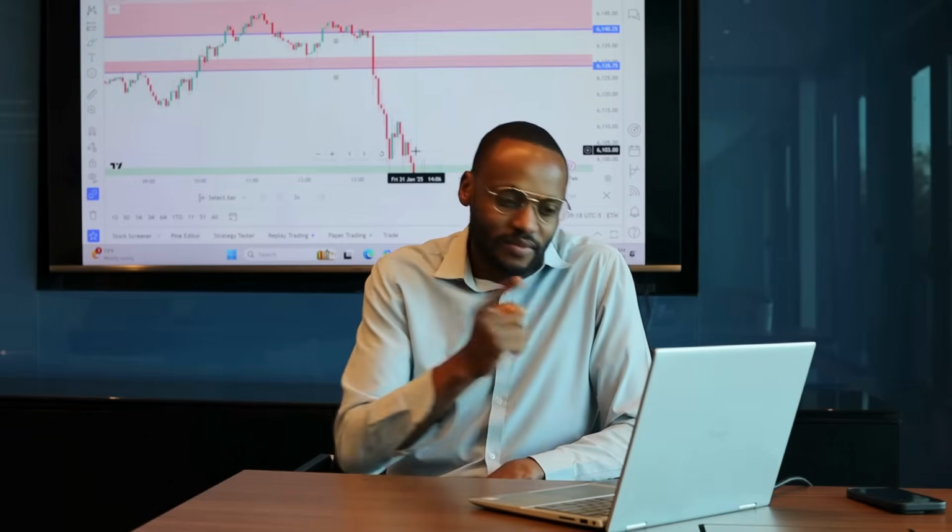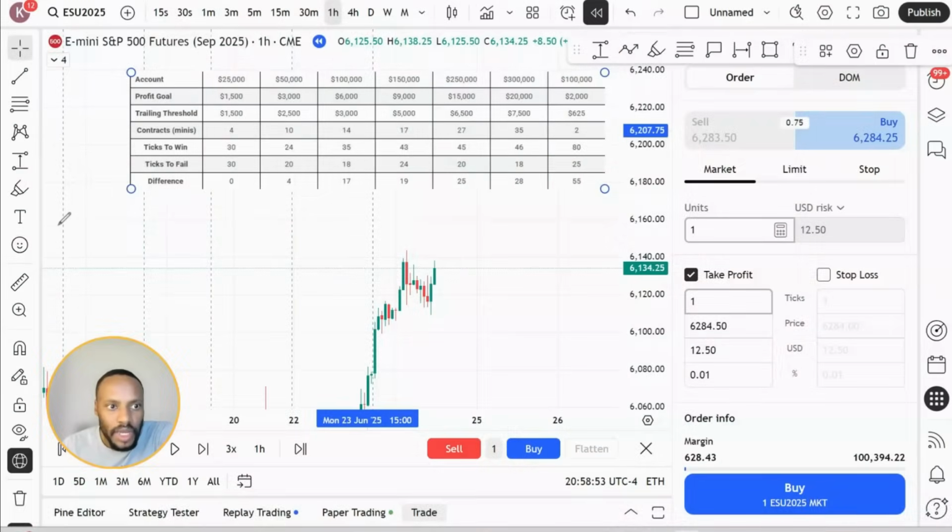So let's dive in. What you see over here is every account, with the profit goal, trailing threshold, the maximum number of contracts based on the minis, and your ticks to win, ticks to fail. And I'll talk about the difference later.